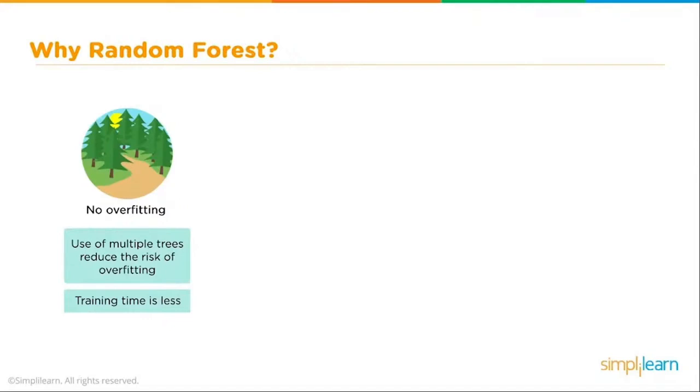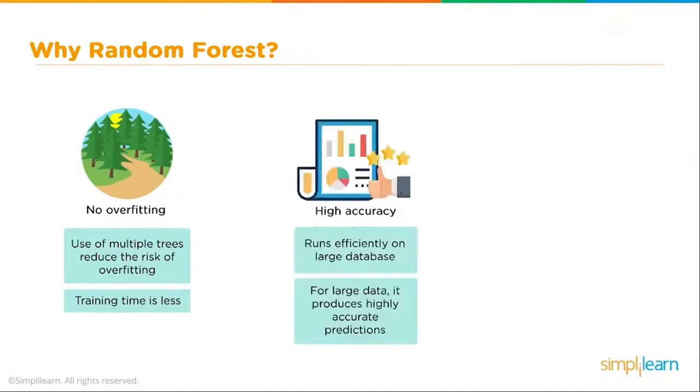And instead of predicting the overall data, you're predicting the weird stuff, which you don't want. Next, high accuracy. It runs efficiently on large databases. For large data, it produces highly accurate predictions. In today's world of big data, this is really important. And this is probably where it really shines. This is why random forest really comes in.